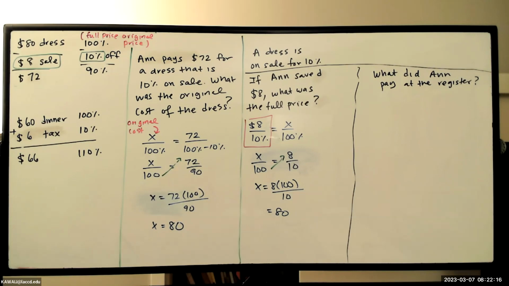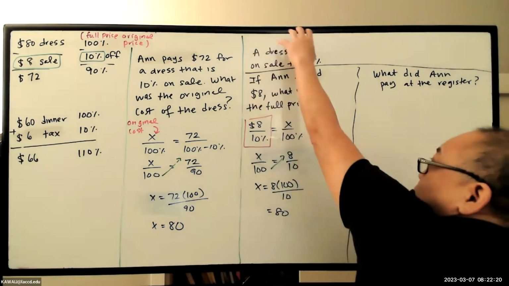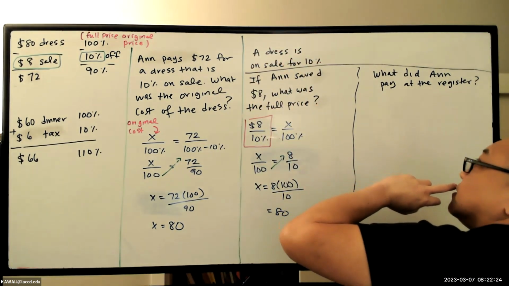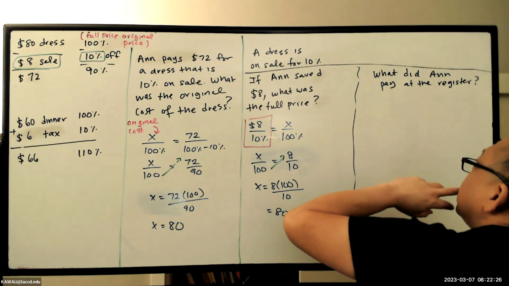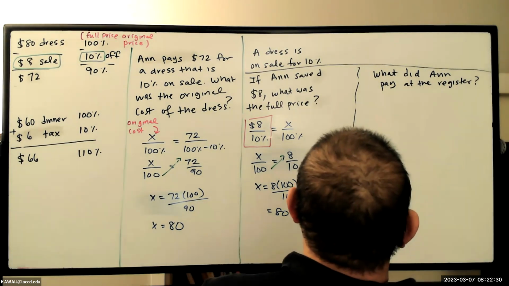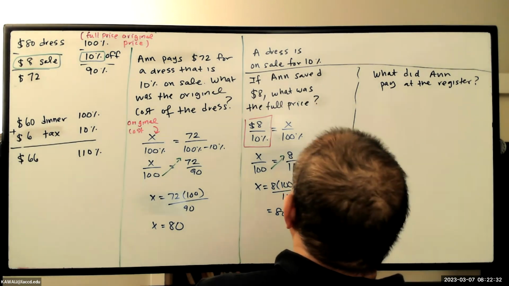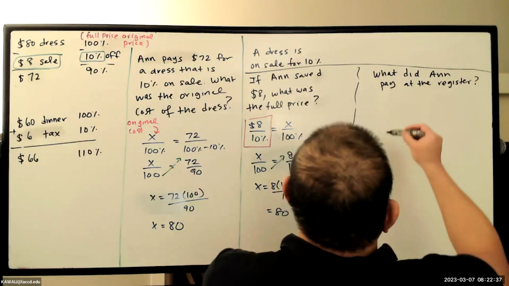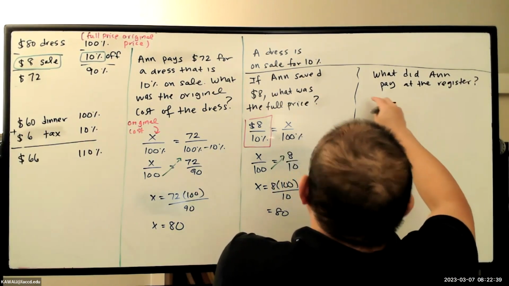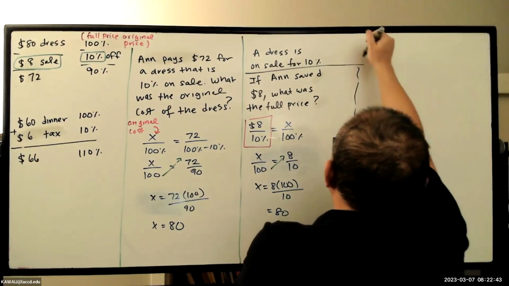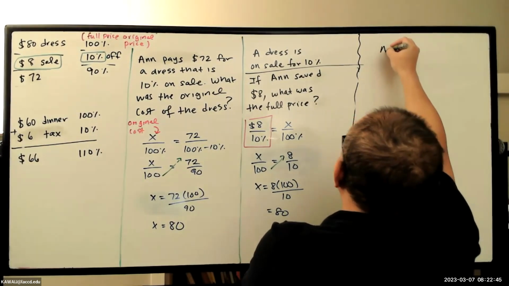Let's take a look at this. All right, so over here, a dress is on sale for 10%. Oh, a second. Oh, shoot, I need to give you one more piece of information. I didn't give you enough information here.